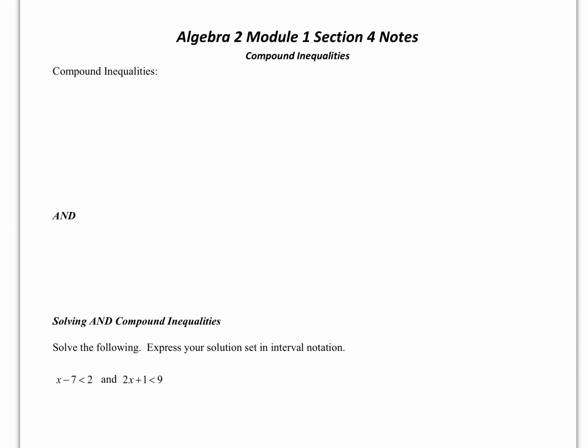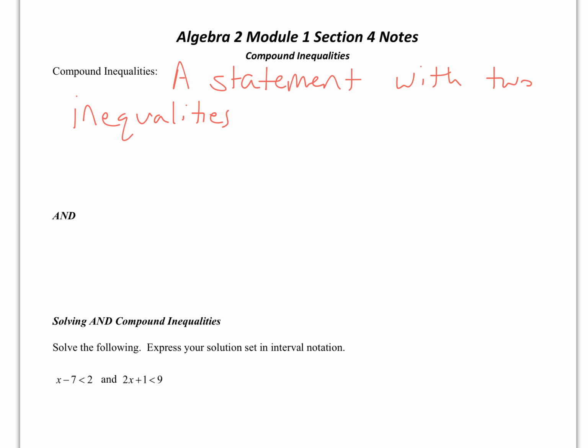A compound inequality is a statement with two inequalities joined by an and or an or.